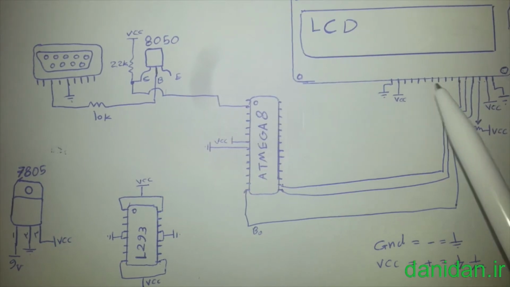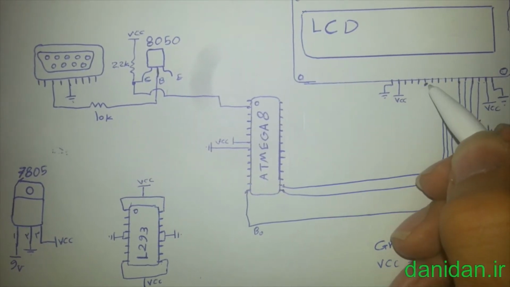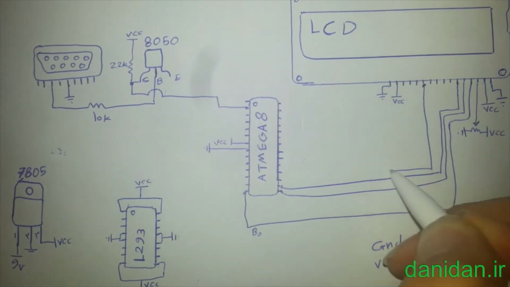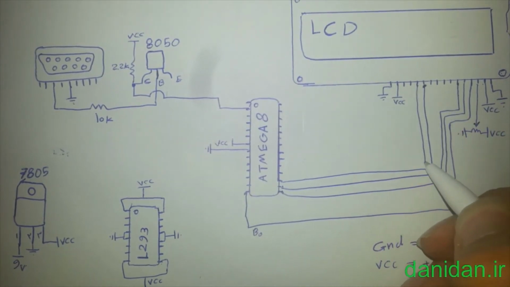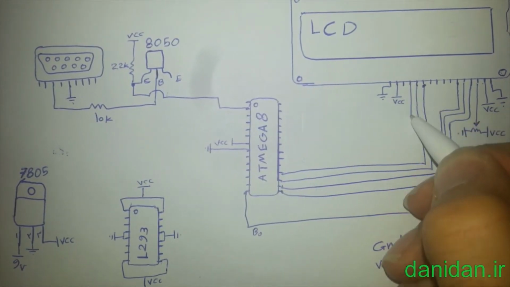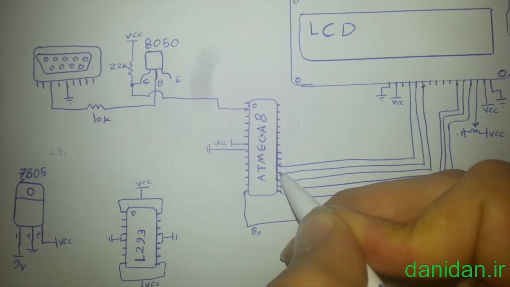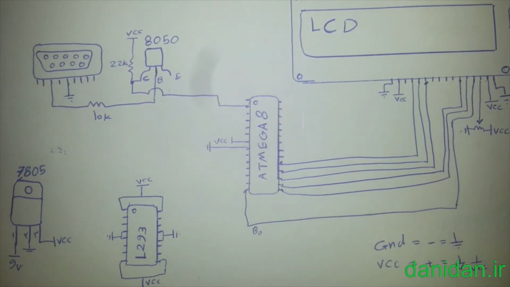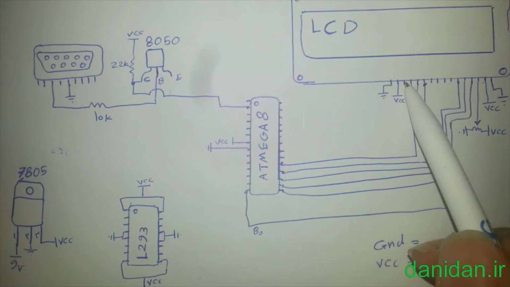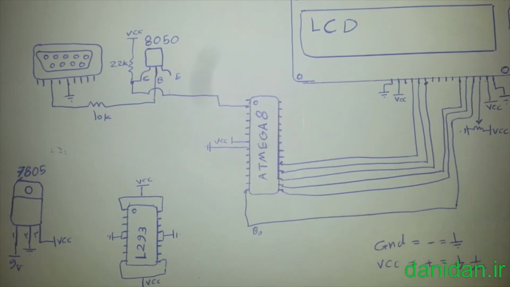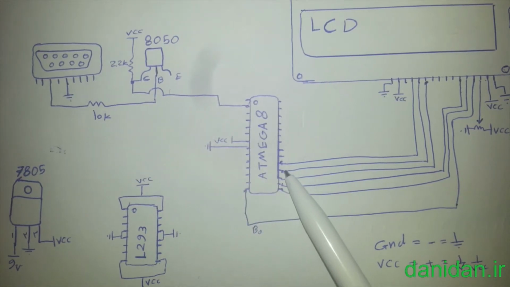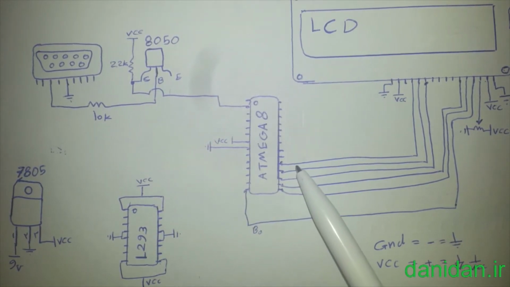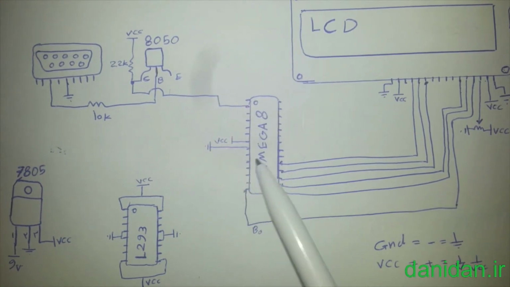We don't need the other pins of the LCD. We will start from pins 1, 2, 3, 4, 5, 6, 7, 8, 9, 10, 11 on your IC, just like that, to your microcontroller, and you just need to leave the other pins on your LCD.